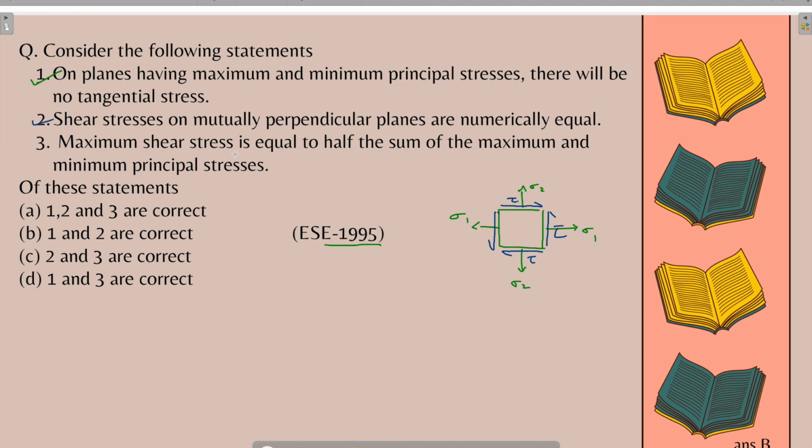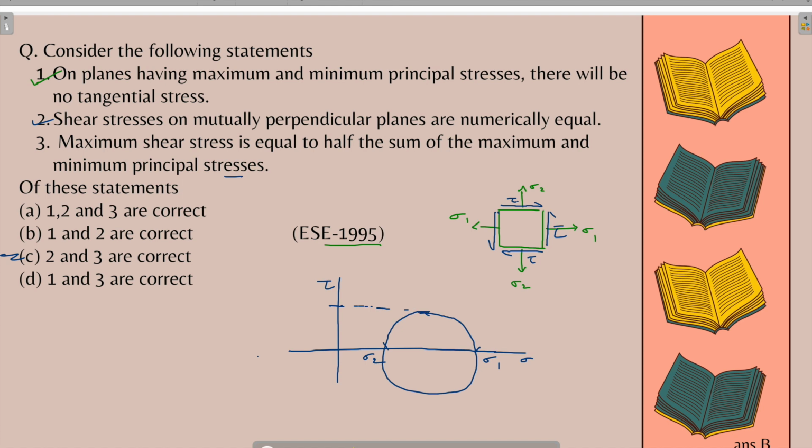Now, the maximum shear stress is equal to half of the sum of the maximum and minimum principal stress. So in a Mohr circle, let's see this statement. If I draw a Mohr circle like this, let this be sigma 2, let this be sigma 1, this is the tau axis and this is the sigma axis, and we want to calculate tau max, that is the maximum shear stress.